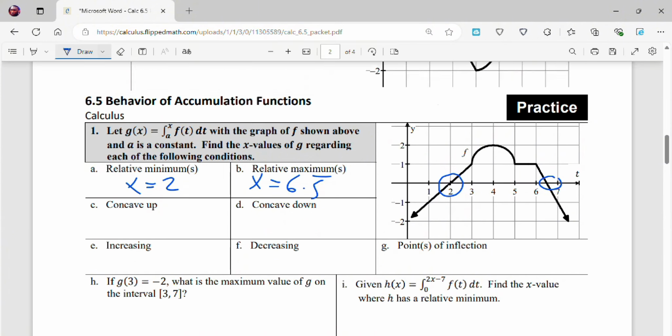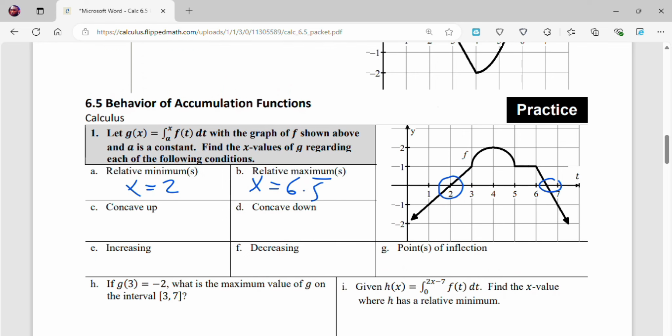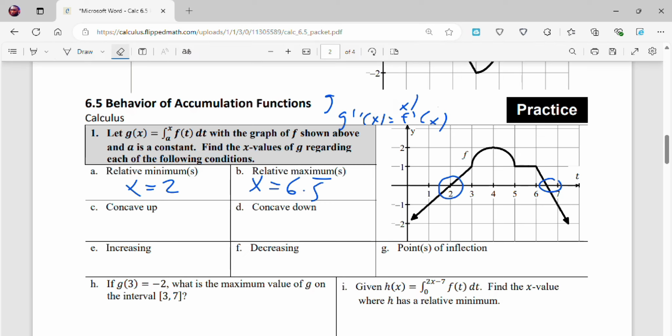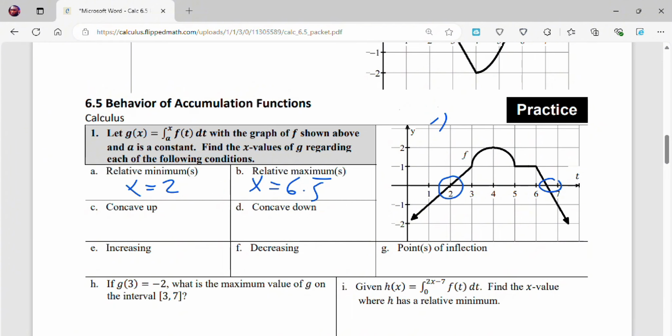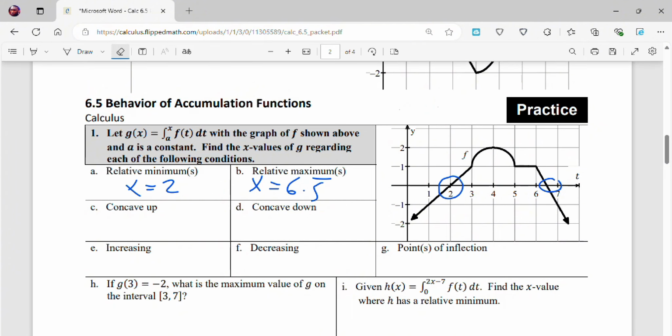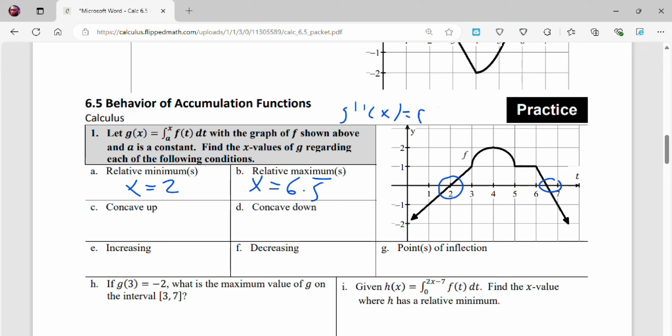So first derivative we know is g prime equal to f of x. Second derivative is g double prime of x equal to f prime of x. So knowing that g double prime of x equals f prime of x, let's find the concavity.